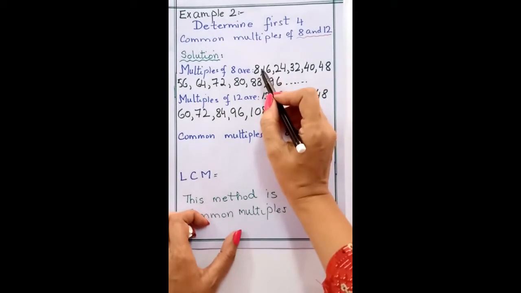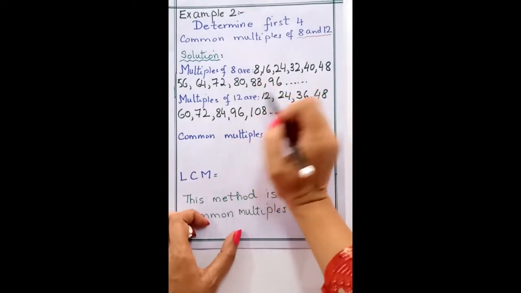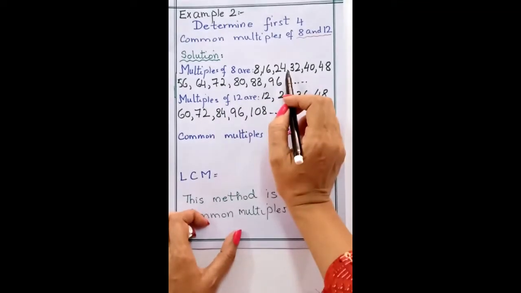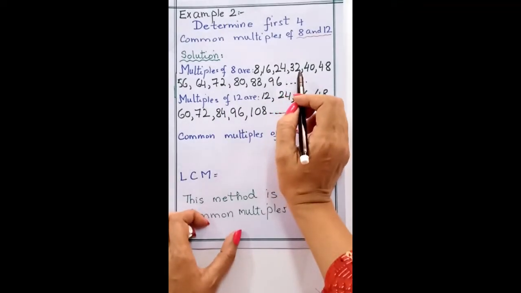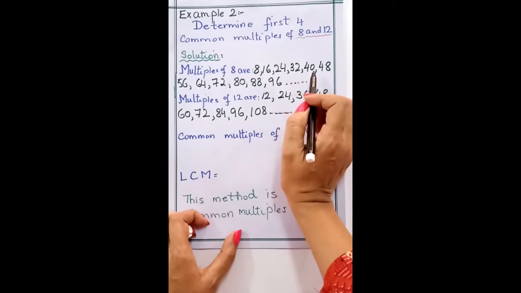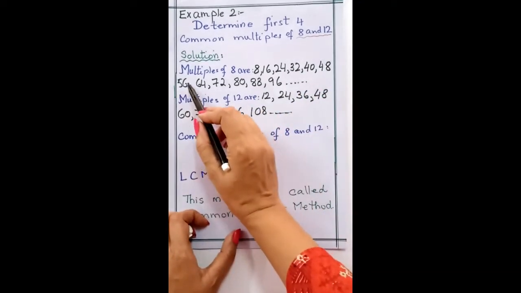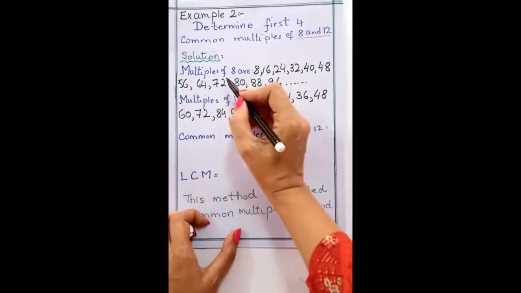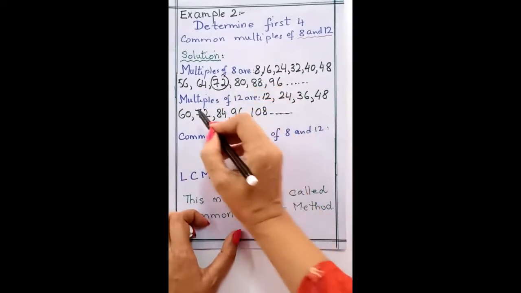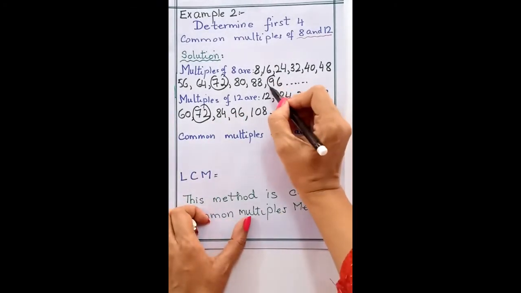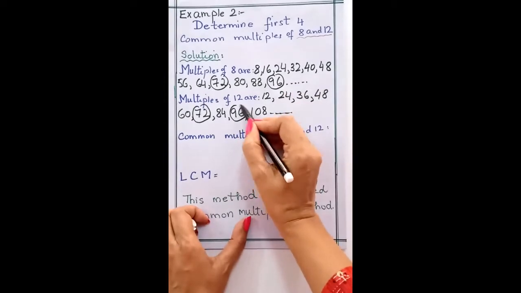So 8 is not common, 16 no, then 24, then 32, 40, 48, 56, 64 no, 72. Now here is 72. 72 is the common multiple, and then 96 is the common multiple.